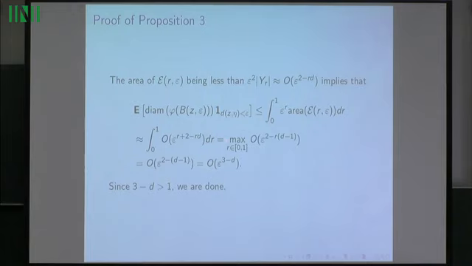The order of this integral is just the maximum over r from 0 to 1 of this quantity. And since D is always greater than 1, this is finally equal to O of epsilon^(3 - D). And since D is smaller than 2, we are done with the proof of the proposition. And we prove this theorem about the deterministic curve.